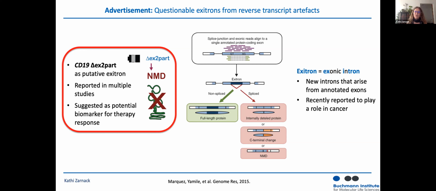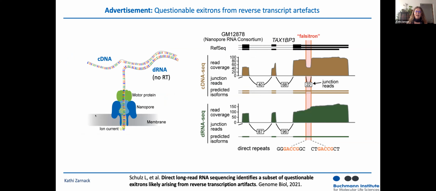One way we could show this was by using long read sequencing, so nanopore sequencing, because with Oxford Nanopore you can sequence either cDNA, so this is after reverse transcription, or you can also directly sequence the RNA. By comparing Oxford Nanopore data from the same samples, which were either cDNA-seq after reverse transcription or direct RNA-seq, we could find, not only in our CD19 but also in several other genes, these artifacts.